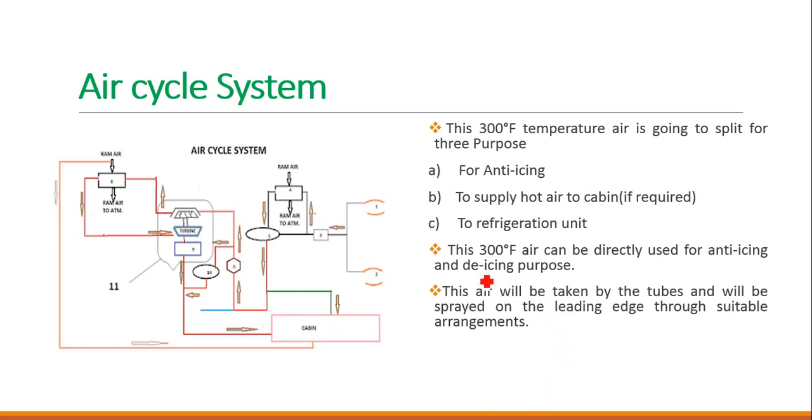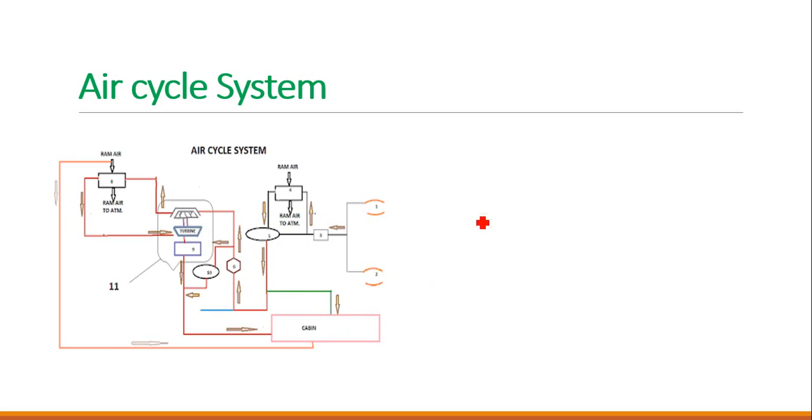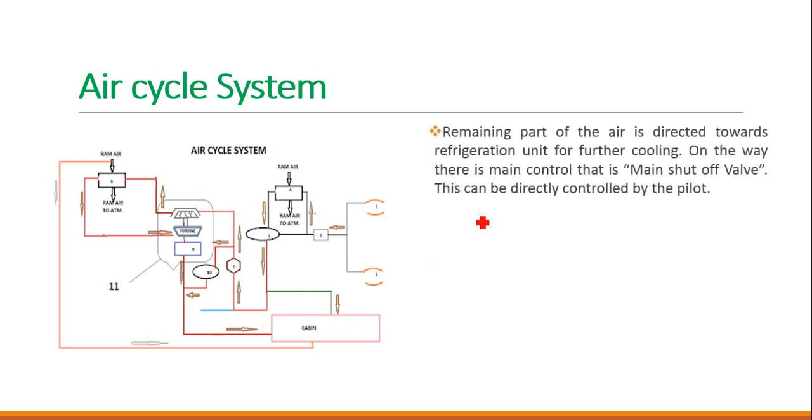That is the purpose of the de-icing and anti-icing systems. As I told, the second part is moved to the cabin for supplying hot air into the cabin. The remaining part is for the refrigeration unit.